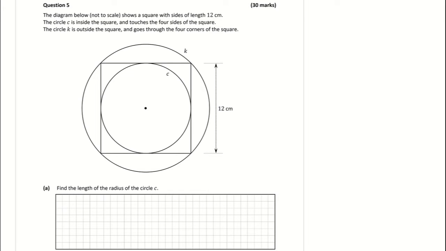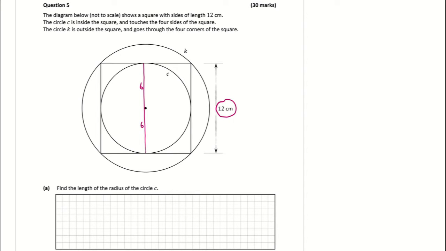So we're looking now at circle C, which is this inner circle. In order to get the radius of that circle, remember that the full square is 12. So this distance through the center of C is 12, which means it's broken into 2 radii, 6 and 6.